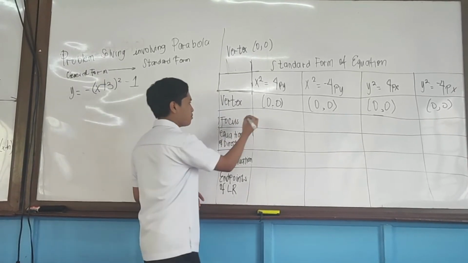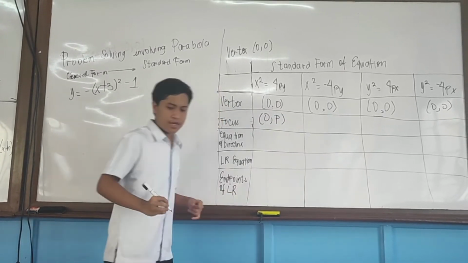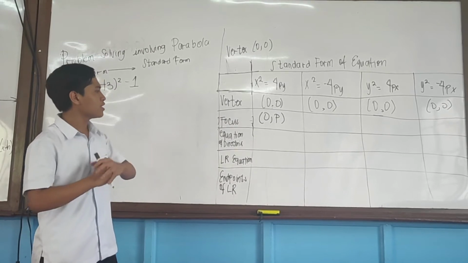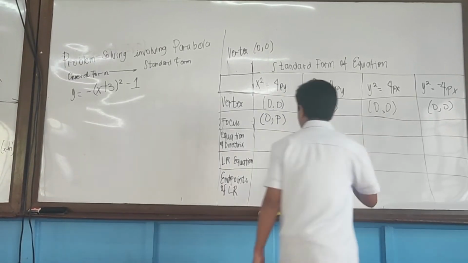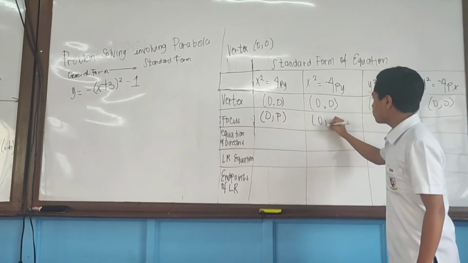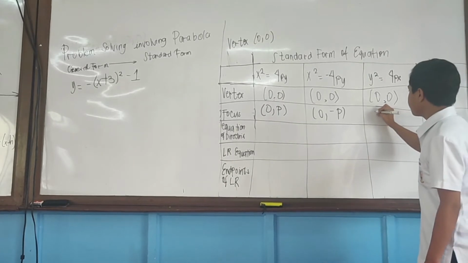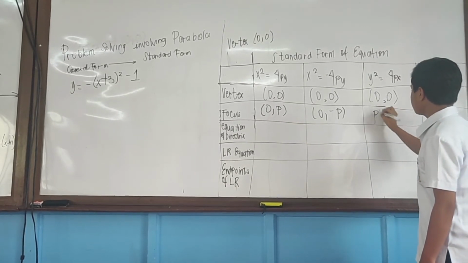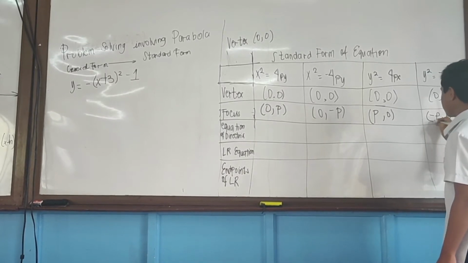First we have (0, p), or should I say (0, c) for focus. Next we have (0, −p). Next we have (p, 0) and (−p, 0).